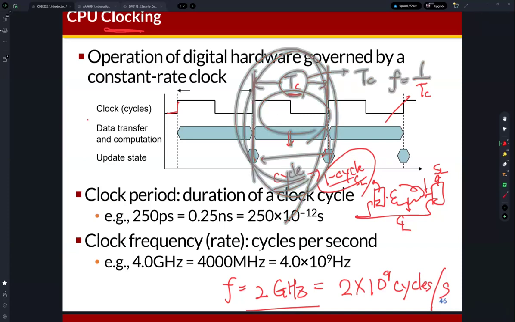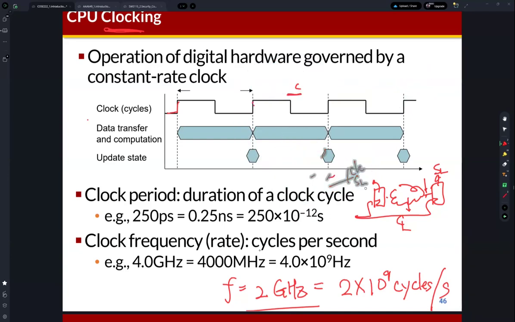It is because, it's just an assumption, but we assume that a CPU or processor can perform a single instruction per clock cycle.